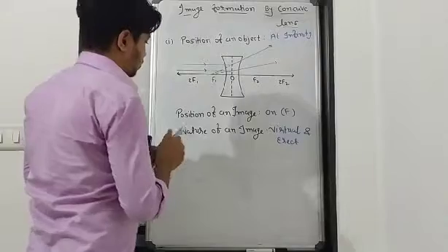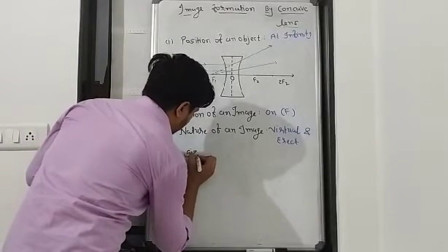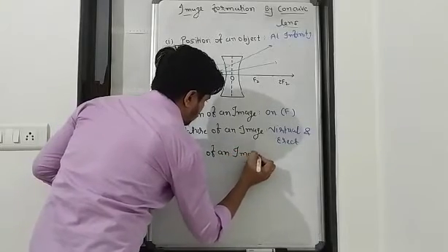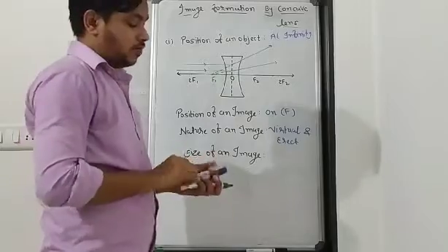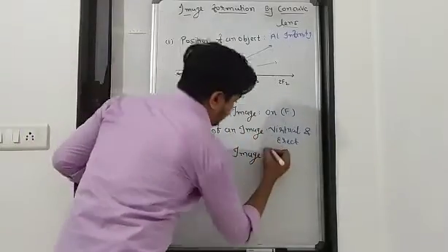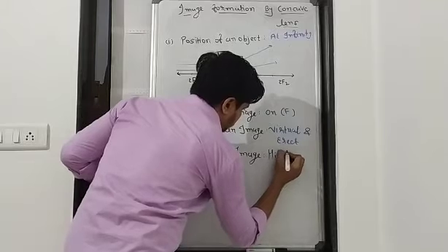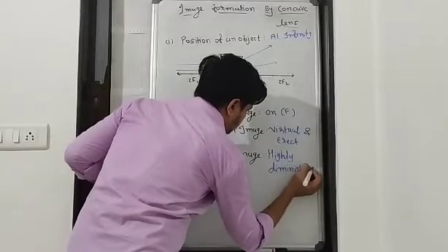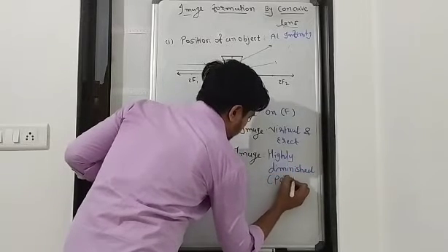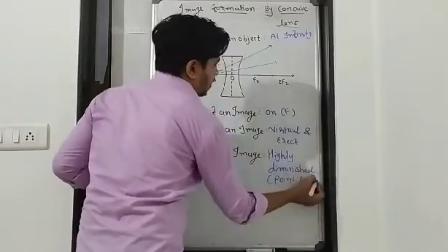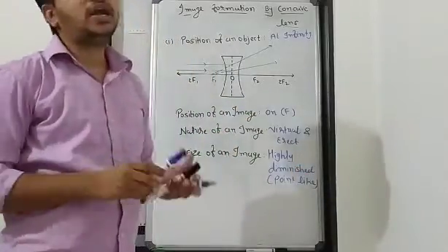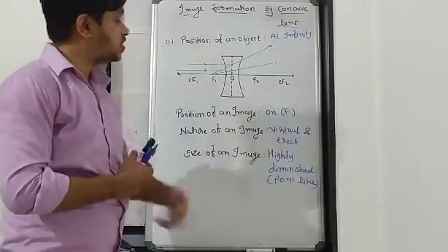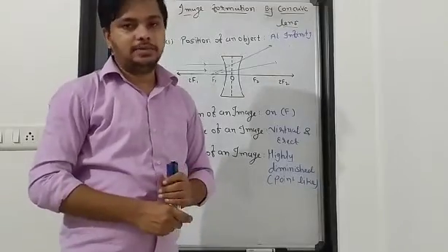The size of the image is very diminished. It's highly diminished, or you can say that it is a point-like image. Understand? So if the position of the object is at infinity, you get an image on F, which is virtual, erect and highly diminished. Understand?